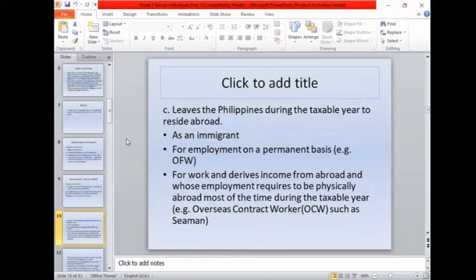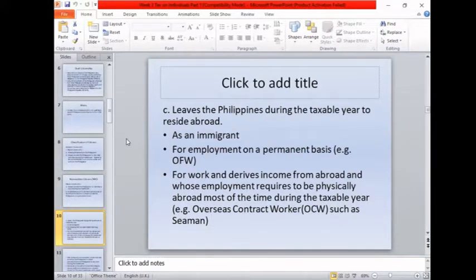Okay, they leave the Philippines during the taxable year to be an immigrant. So once they become an immigrant of that other country and they stay for more than 6 months, they are to be called a non-resident citizen. The Overseas Filipino Workers or OFWs, because they also have an employment contract for 2 to 3 years. So they go outside the Philippines for more than 6 months, then they are to be called non-resident citizens.